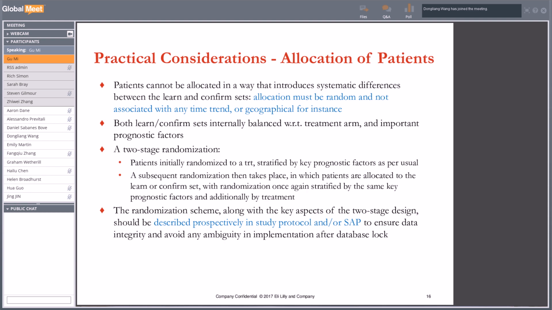Otherwise, it will be very difficult to interpret the results due to the confounding issue.